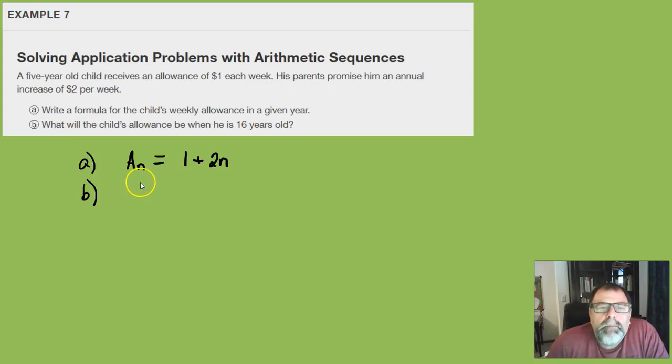What will the child's allowance be when he is 16 years old? So let's see. We started at 5. So that would be in 11 years. So we want to know what A sub 11 will be. So 1 plus 2 times 5, right? Because 16 minus 5 is 11.